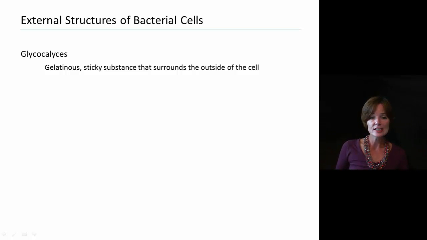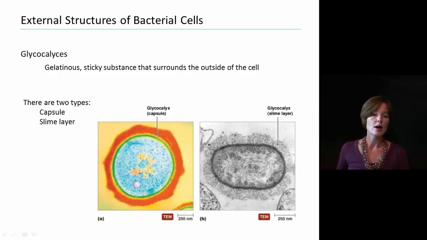It is a gelatinous, very sticky substance that surrounds the cell. This falls into 2 categories: some are called a capsule, and some are called slime layers. If you look here, the capsule is a thicker substance. The slime layer is not quite so thick, and it doesn't provide as much of a layer on the outside of the cell.